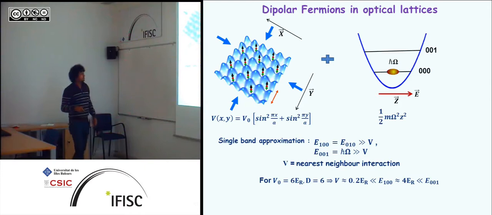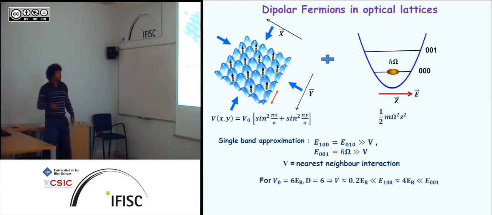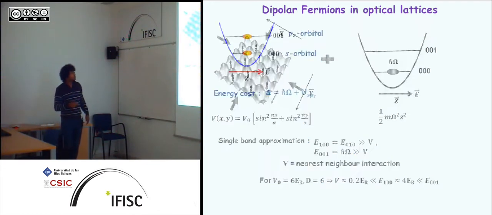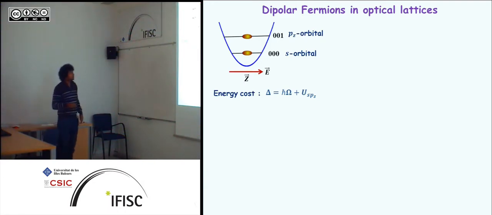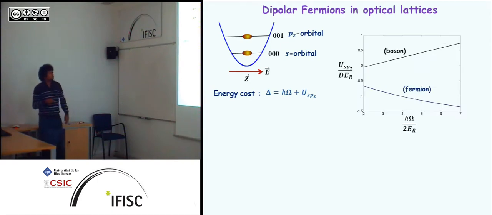So the approximation is this, that the energy gap in the x and y direction has to be much more than the interactions, and it is true that the energy gap in the xy direction or in the z direction is much stronger than any other interaction. But the thing is this, that if you put two particles in one of these z levels, what we will see is that the property entirely changes.